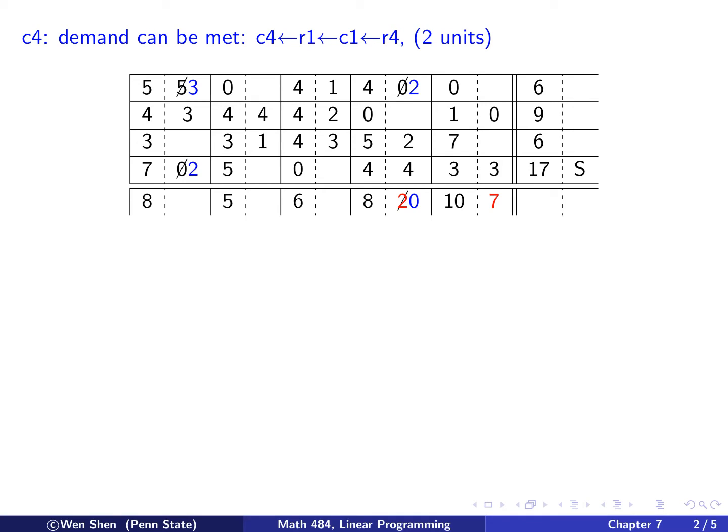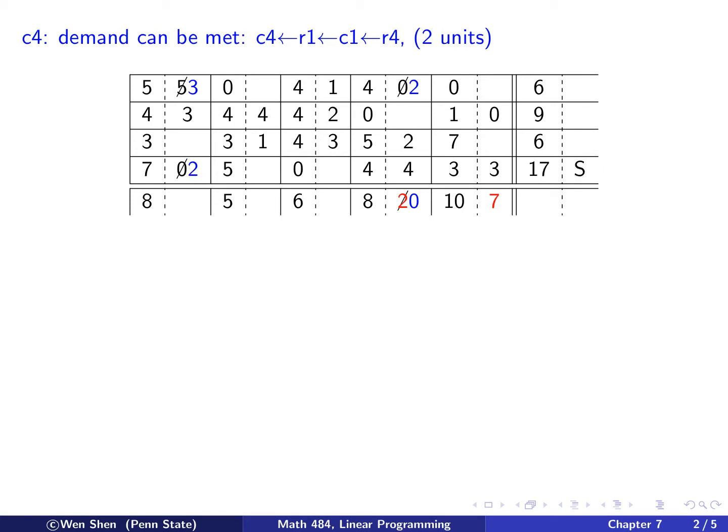Okay, so if I make this adjustment, here I recorded the flow. In order to go to column C4, I move to R1. This is the R1 here. And for this R1, the adjustment comes from C1. And from C1, the flow further comes from R4, which is here, where you have the surplus.